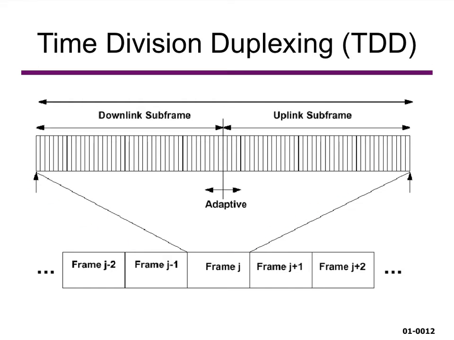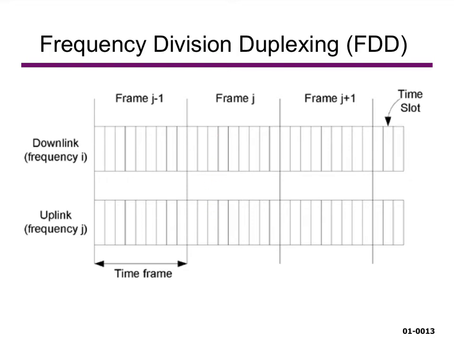For the case of FDD, they go concurrently, at the same time. The downlink and the uplink use different frequencies, in which case they can go in time concurrently. So you have one frame for downlink and one frame for uplink, and they are parallel to each other in time because they use different frequencies, right?